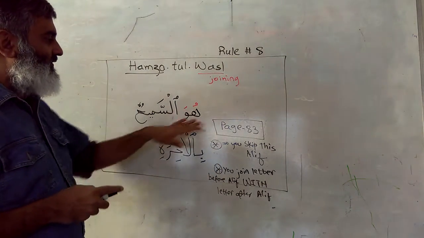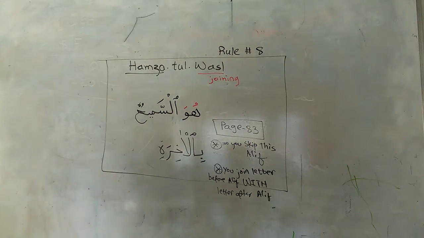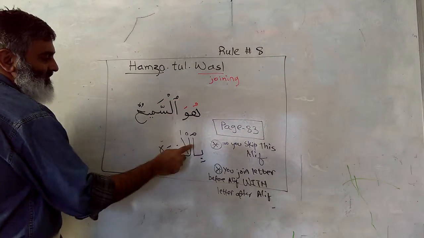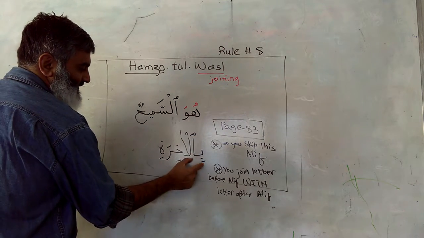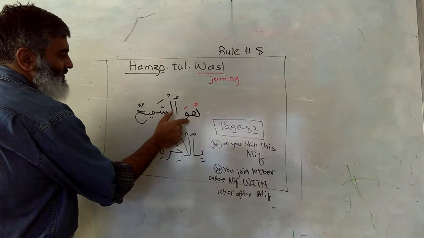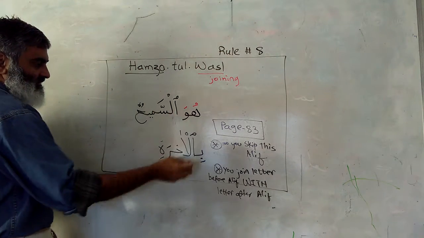Again, page 83 of the white book has a lot of examples. The important concept here is that if Alif has this squiggly symbol on it, the letter before it should be joined with the letter after it.